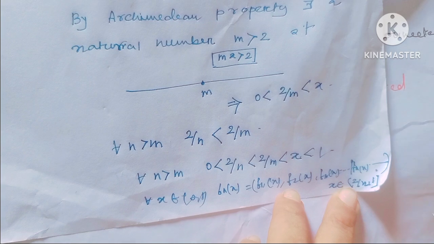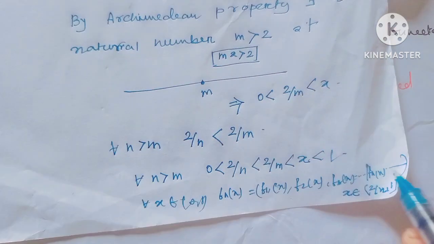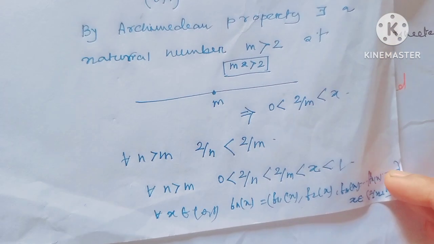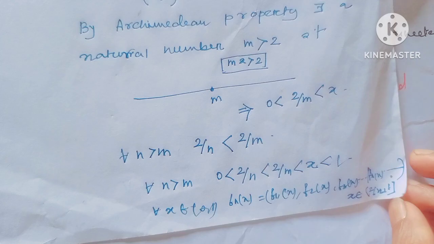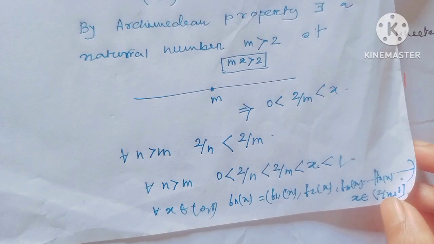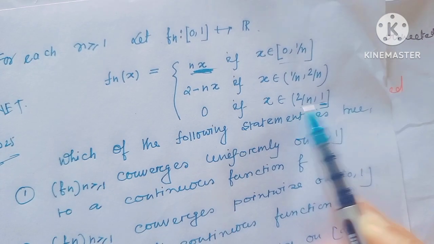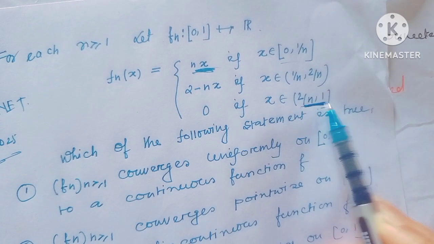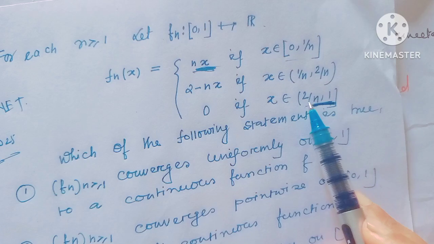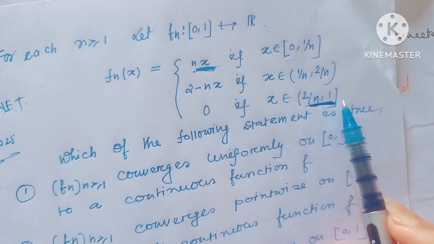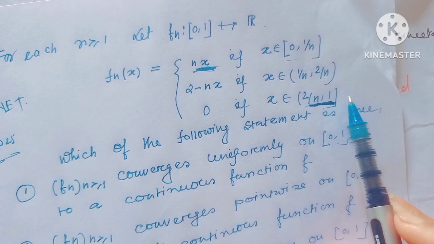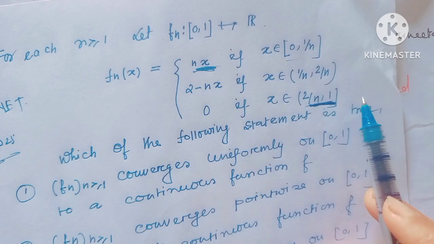Each term of the sequence after some fn(x) in this interval eventually converges to 0, because in the interval x belongs to 2 over n closed interval 1, fn(x) converges to 0.